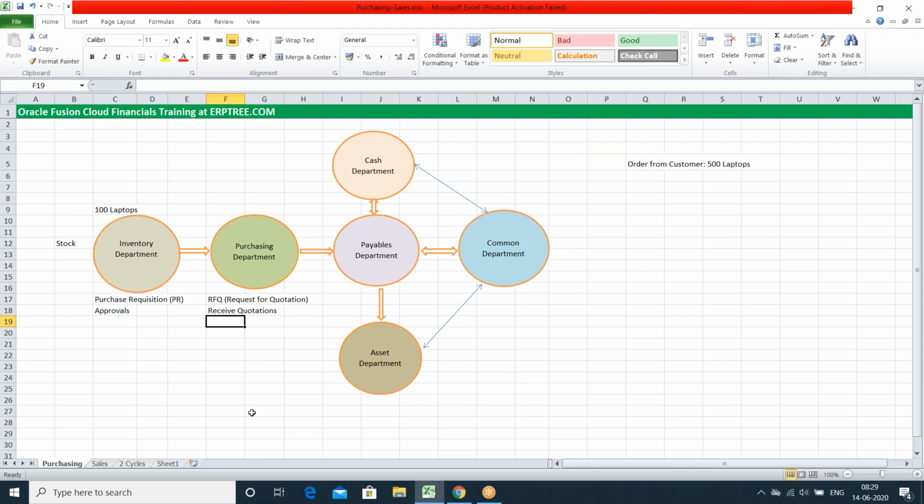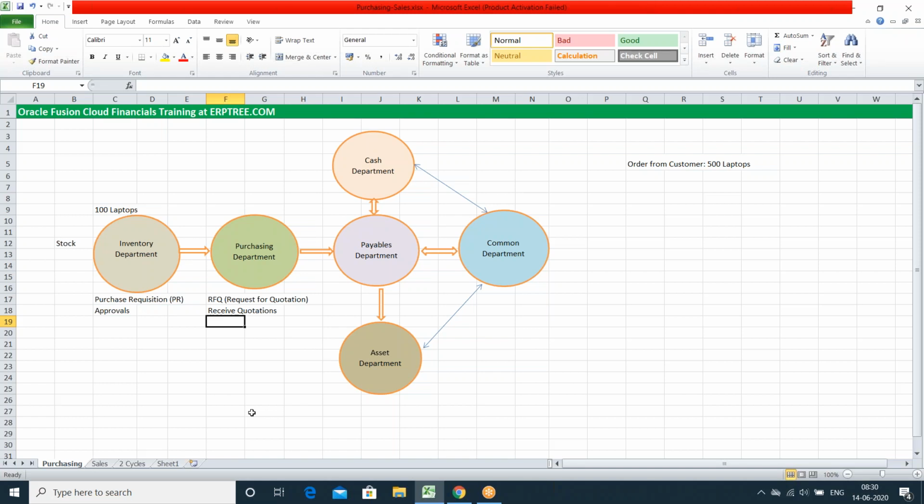After receiving the quotations, they have to look into them. Which vendor is offering the best price? Say one vendor is offering each laptop at $700. The other vendor is offering at $600 only.